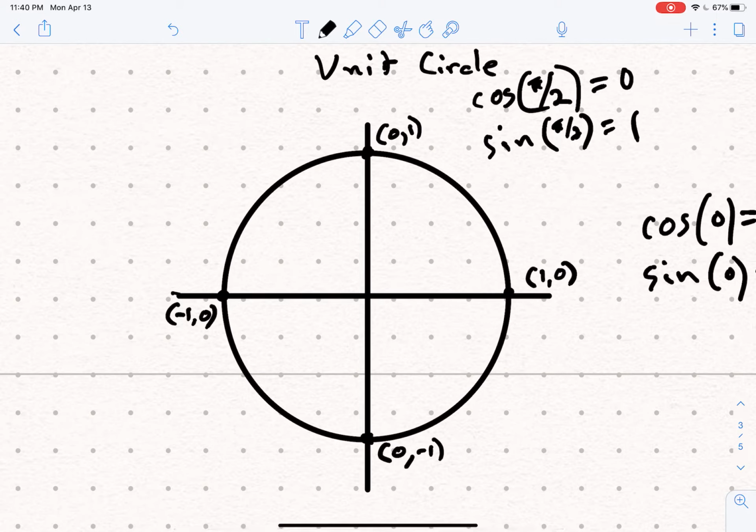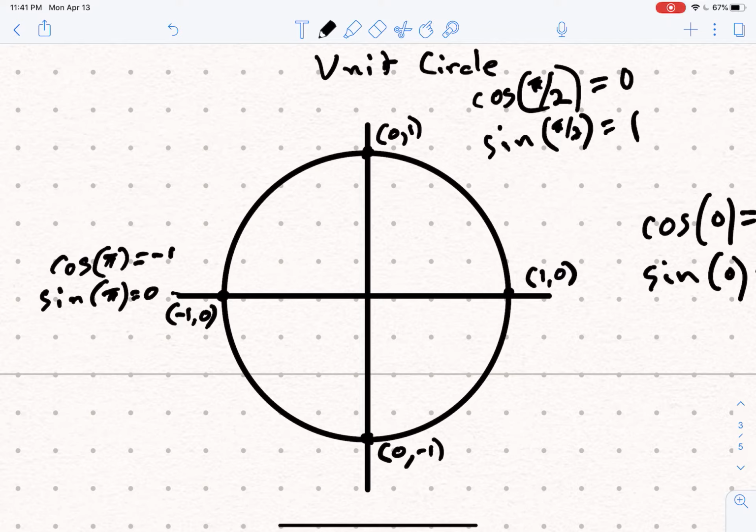Similarly, over here on the left, if we look at the angle 180 degrees, or pi in radians, the cosine is going to be -1, and the sine is going to be 0. So here we have cosine of pi is -1, sine of pi is 0.